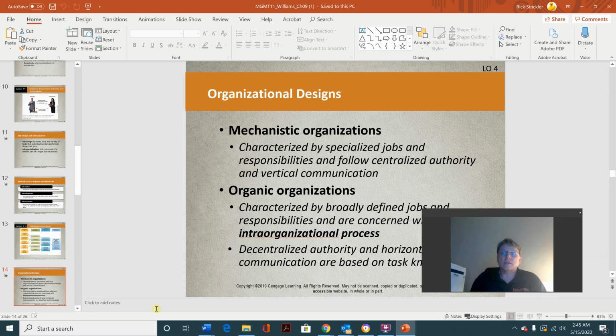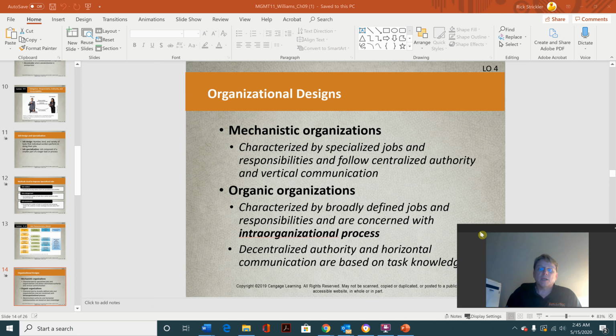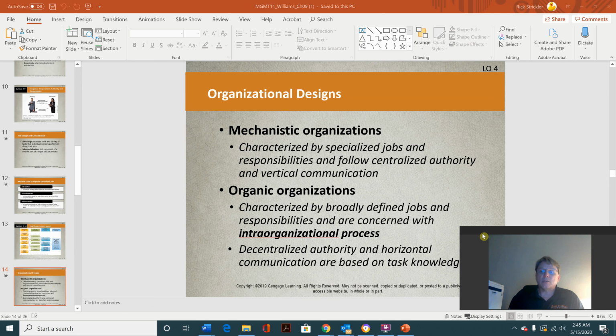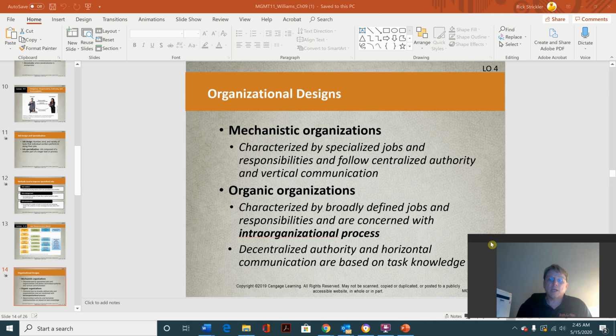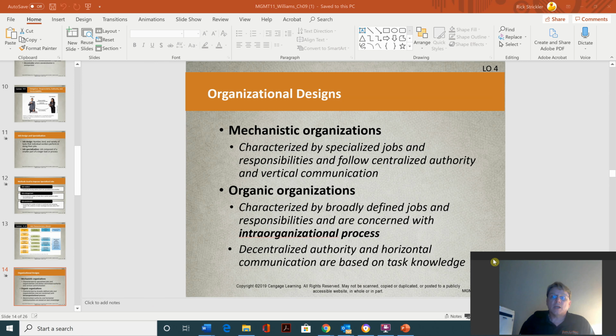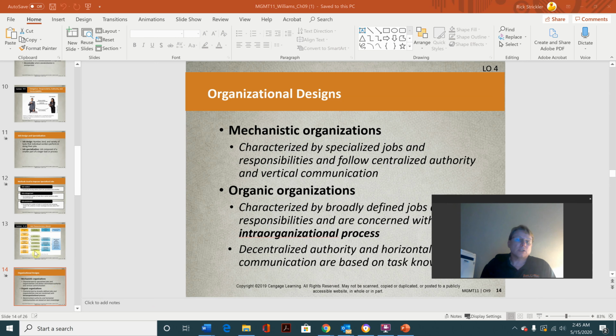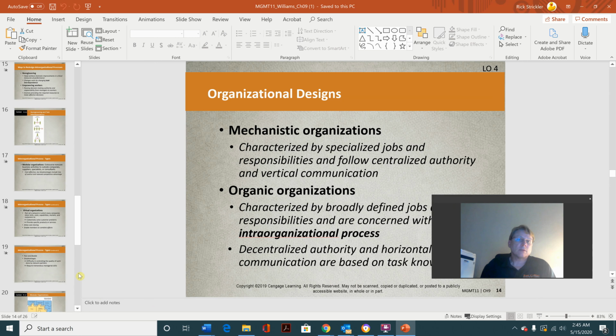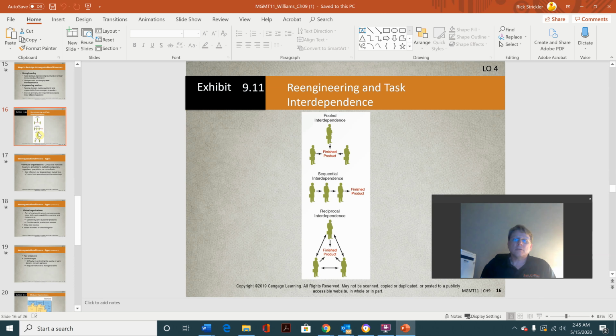Organic is characterized by broadly defined jobs and responsibilities and is concerned with intra-organizational process, decentralized authority, and horizontal communication based on task knowledge. Here's another model of that with your re-engineering task interdependence.